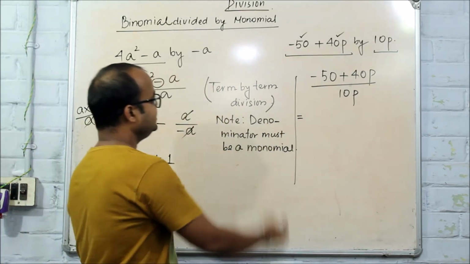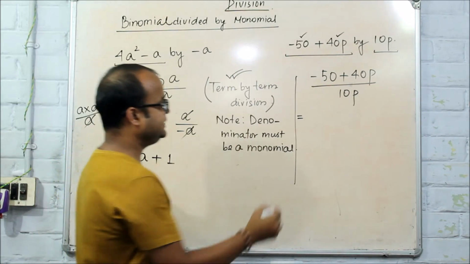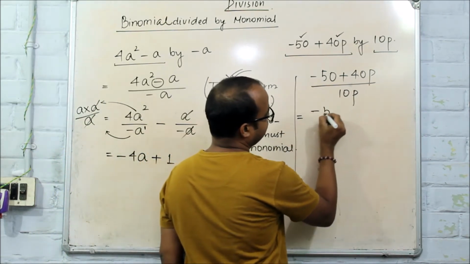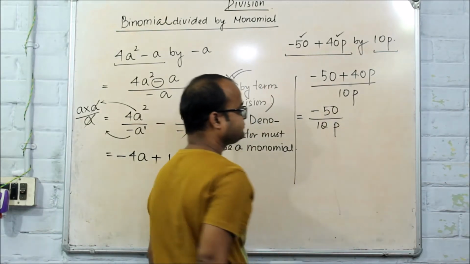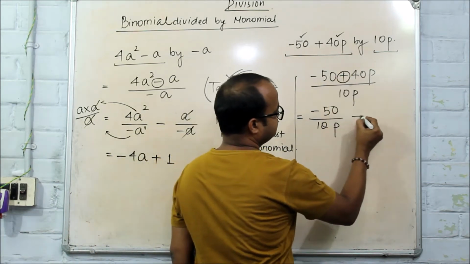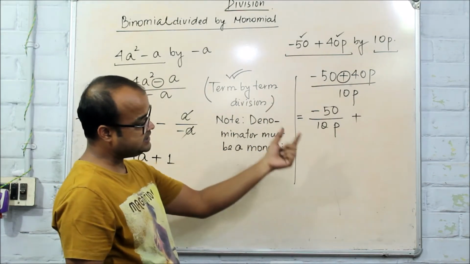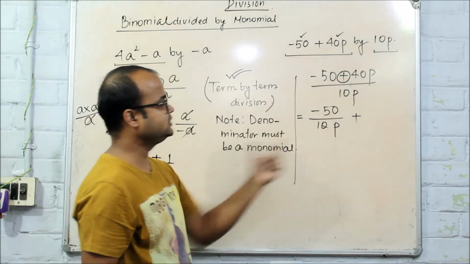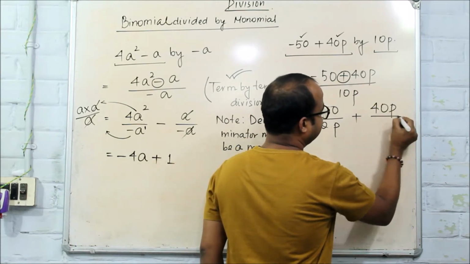You need to apply term by term division. That is minus 50 by 10p. You need to maintain the same sign given in between the terms, then 40p by 10p.